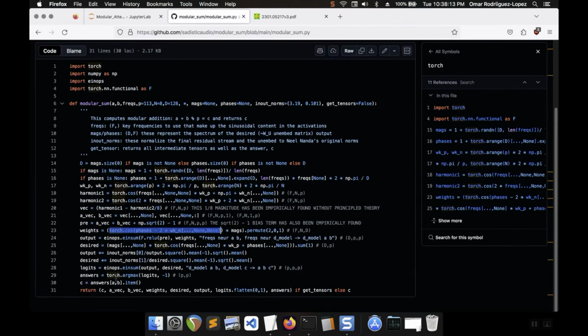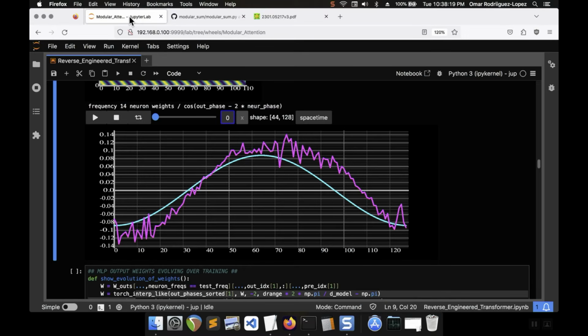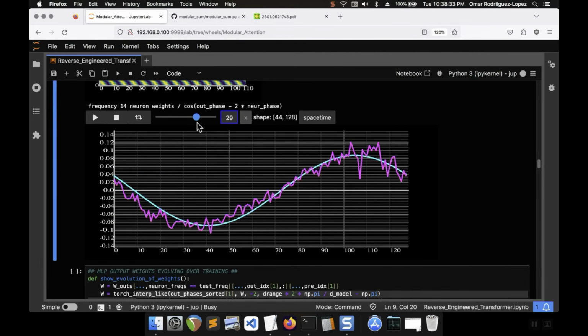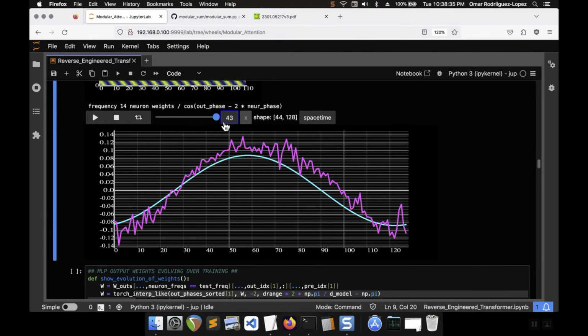It's just a cosine of output phase minus twice the neuron phase. And as I go through the neurons, this wave will traverse through twice as fast. So it goes through one cycle and then another full cycle.